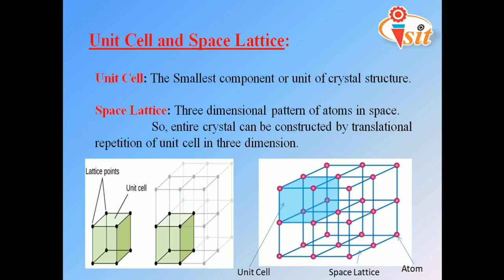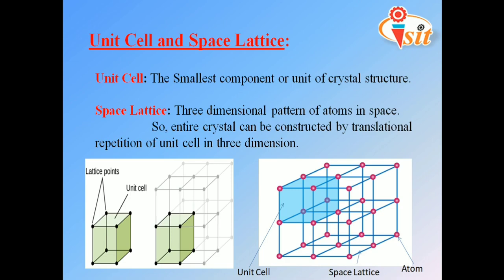Means in a space lattice we can arrange the atoms in a three-dimensional way, in the x-axis, y-axis, and z-axis. You can see in the figure. The total structure is called a space lattice, and the smallest unit we have is a unit cell. It has 8 corners and 6 faces, right?